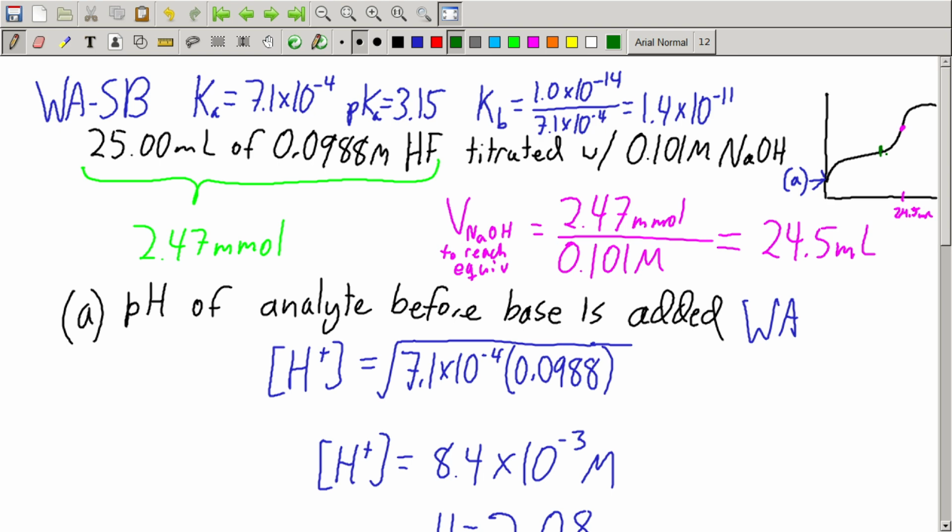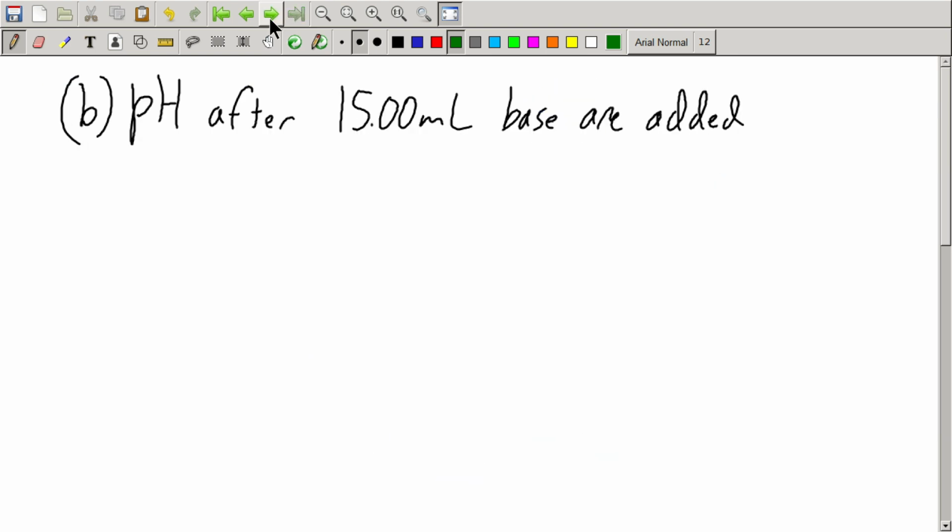So here's what we can do. We can say, all right, if this is true, let's write the net ionic equation for this titration. Now we have a weak acid. The weak acid remains associated. We add hydroxide ion to the weak acid, and we produce water plus the conjugate base.